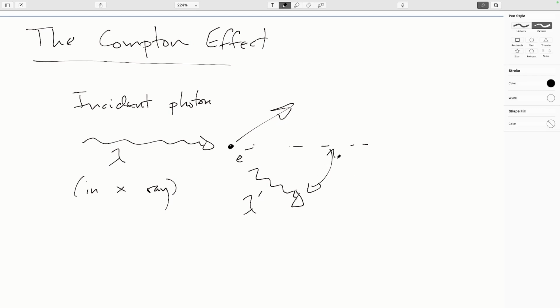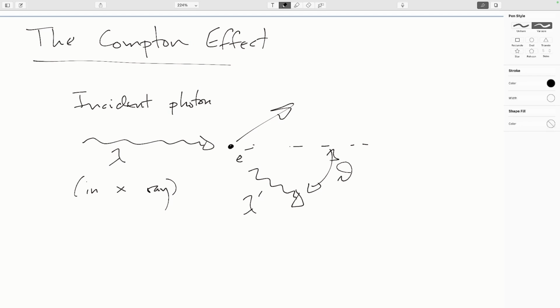And how much depends on the details of the momentum conservation, so that depends on the scattering angle. So it turns out that the wavelength of the detected light will depend on the scattering angle. These measurements were done, and it checks out. So this particle model of light seems to be working very well.